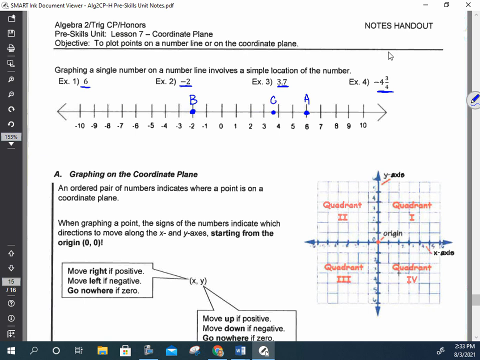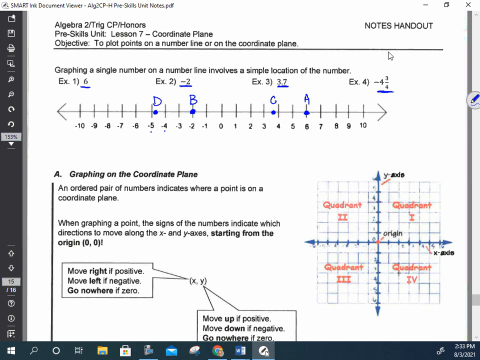There you go. Same thing with -4 3/4. So -4 3/4 would fall somewhere between -4 and -5. Put your point there, give it a nice label.